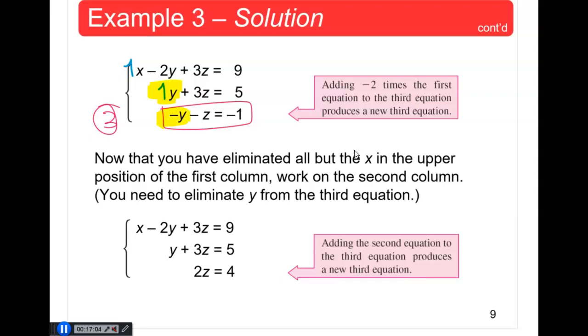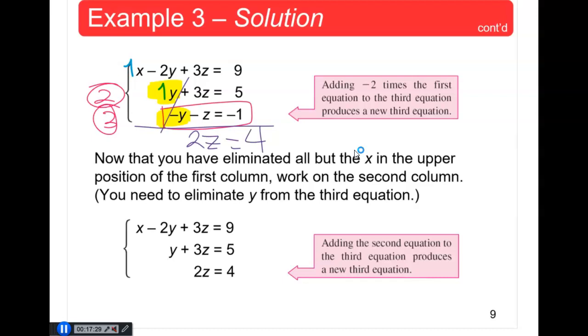So it will be enough for us to just add those two equations together. So I'm going to do that below here. So 1y minus y, that will cancel out. And then we have 3z minus z, that will be positive 2z equals, and then 5 minus 1 will be 4.